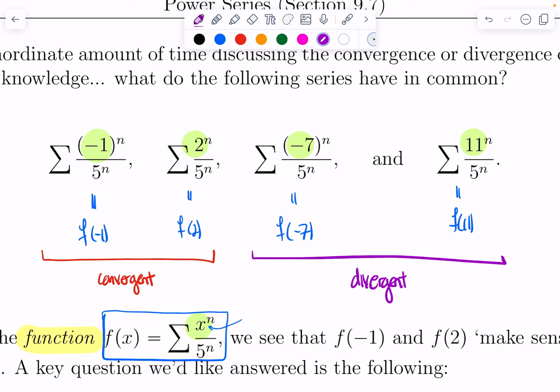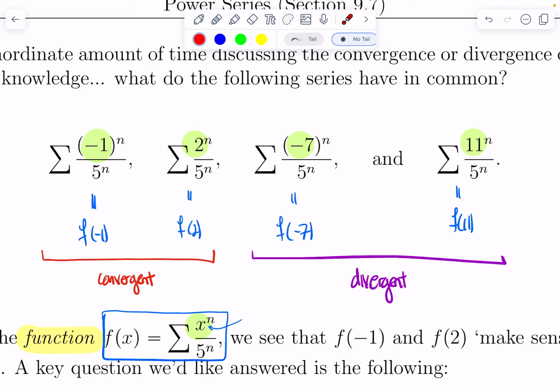So if we adopt this perspective of letting these series all be function evaluations at specific points, we have to be really careful, because sometimes that point evaluation makes sense, i.e. we're convergent to a fixed number, whereas sometimes, on the other hand, we don't make any sense, and this function evaluation is ill-defined. So the name of the game here is, if this is a function, what's its domain?